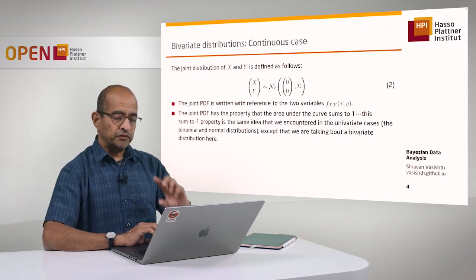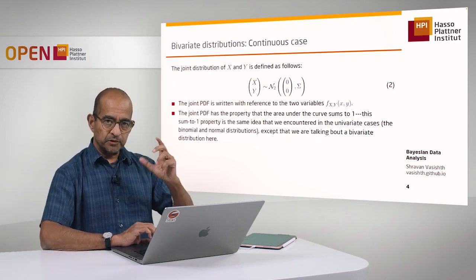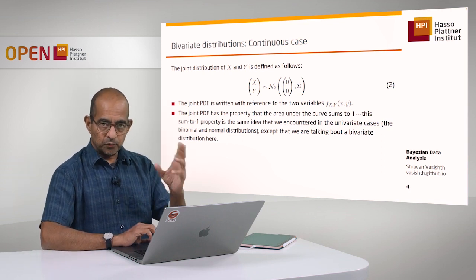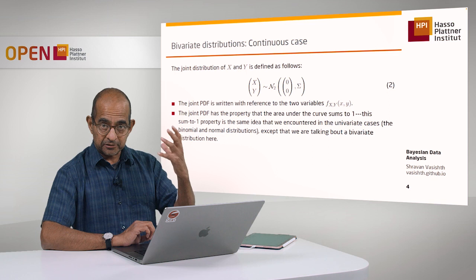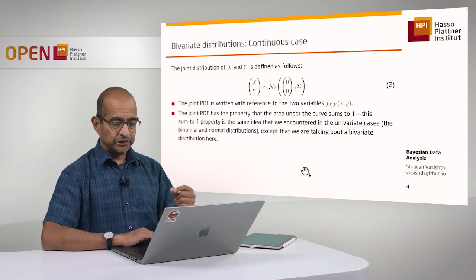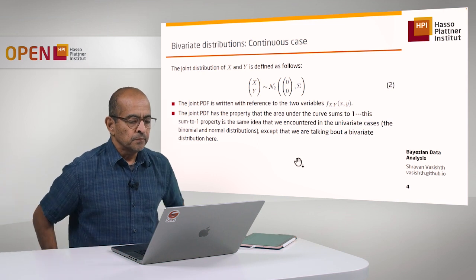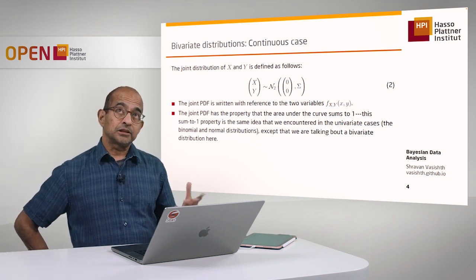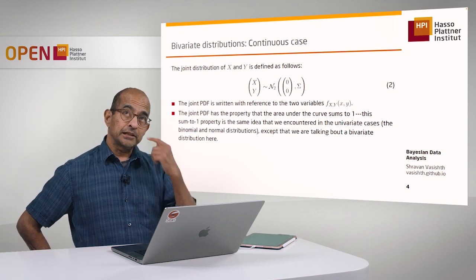Okay? So I will always make this distinction between capital x and lowercase x. Capital X means the abstract random variable, and lowercase x means a particular data point or data set that we have. Okay? All right, so this is the joint probability density function of this particular example.